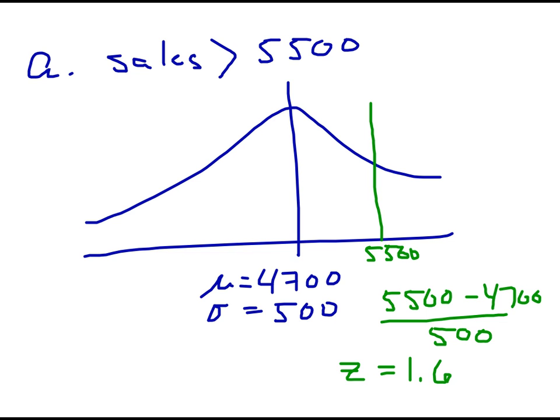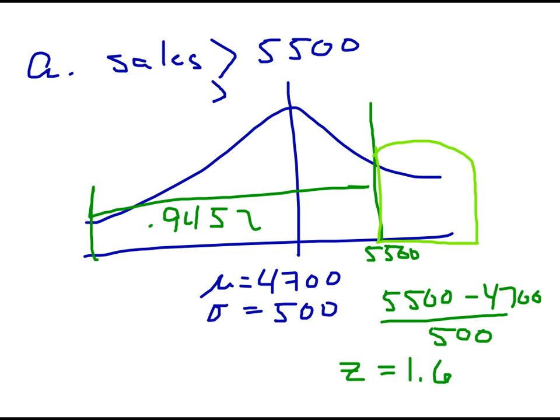So the associated probability for 1.6 is 0.9452. So that represents this. But the question is, what's the probability that the sales are greater than 5,500? So we are interested in this part of the curve.